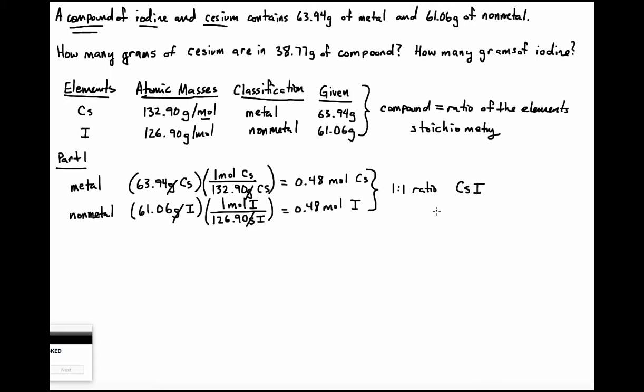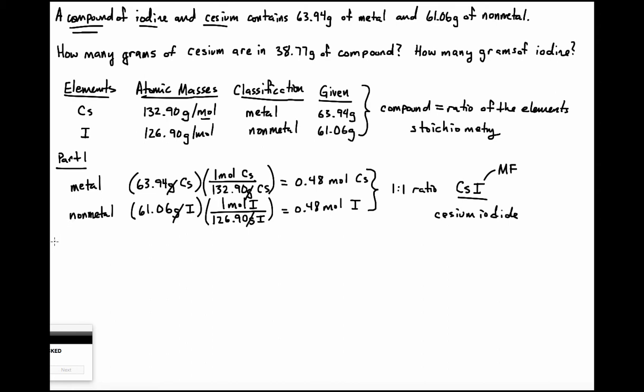So the compound's called cesium iodide. So metal, non-metal. And this is how we express it using the elemental abbreviations. So this is called a molecular formula.